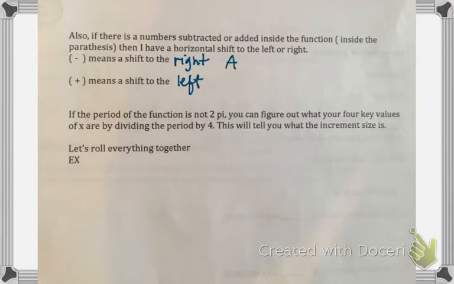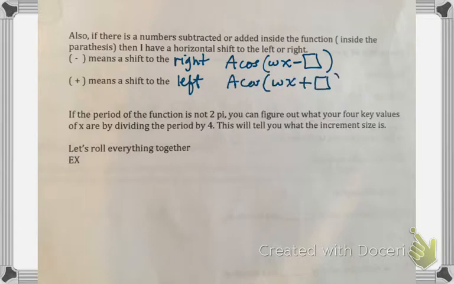What I'm talking about here is cosine omega x minus a number. That's going to be a shift to the right. And if I have cosine omega x plus some number, that's going to be a shift to the left. All right, so now that we have those written down, we should actually roll some stuff together.